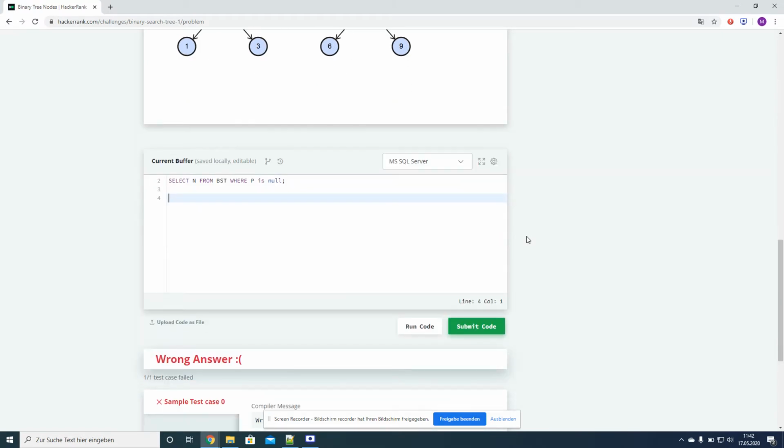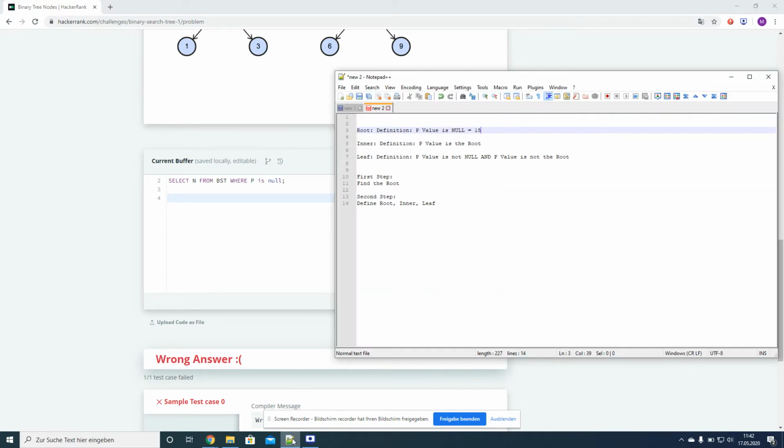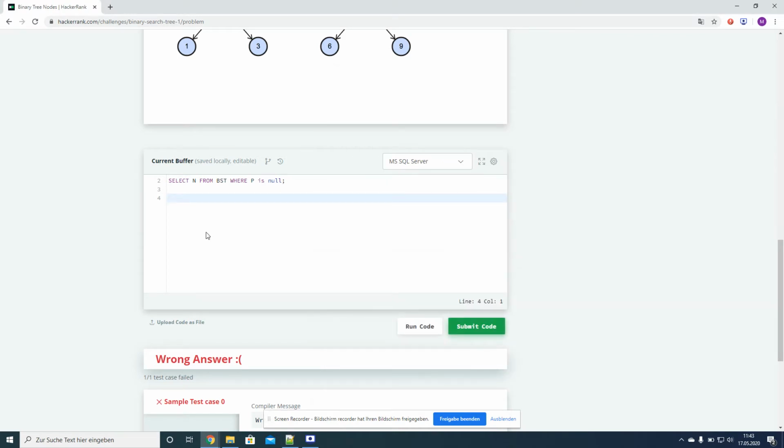Select N, so we have now the root. We want the inner value. So inner we defined as p-value is the root. Select N from BST where p equals, and now we can make a subquery in SQL.